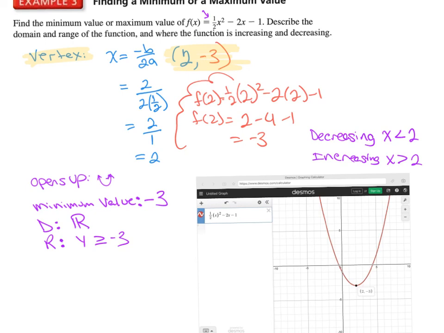Okay, so let's take a look. We said it's decreasing when x is less than 2. So here's the x value of 2. It is decreasing on this side, and we're right. And then x greater than 2, that's this way. It is increasing again. So everything's correct. I can visually check what I just figured out.